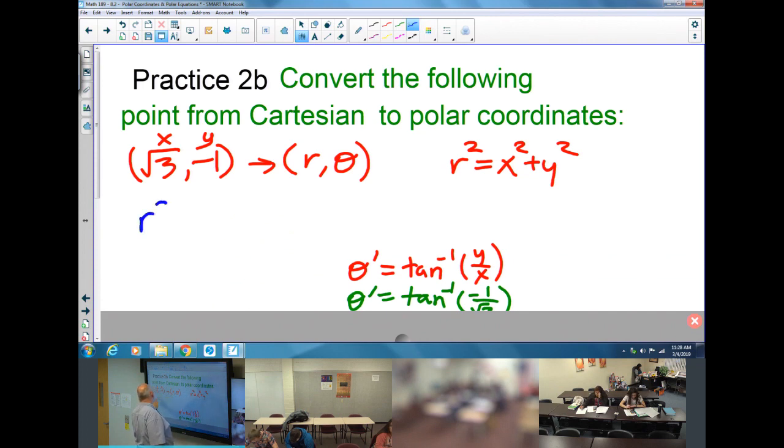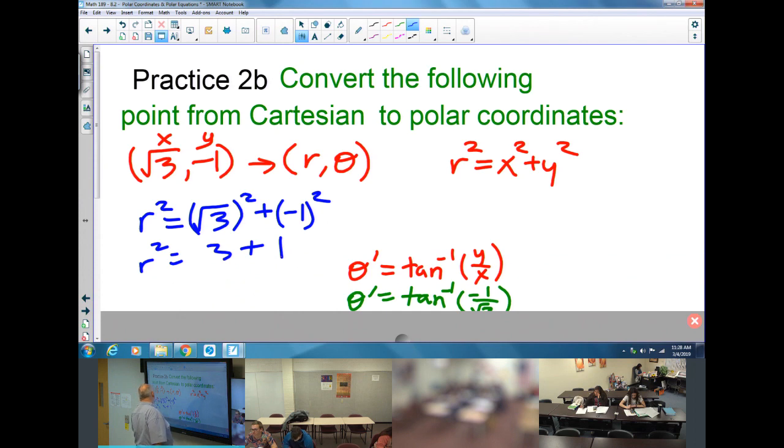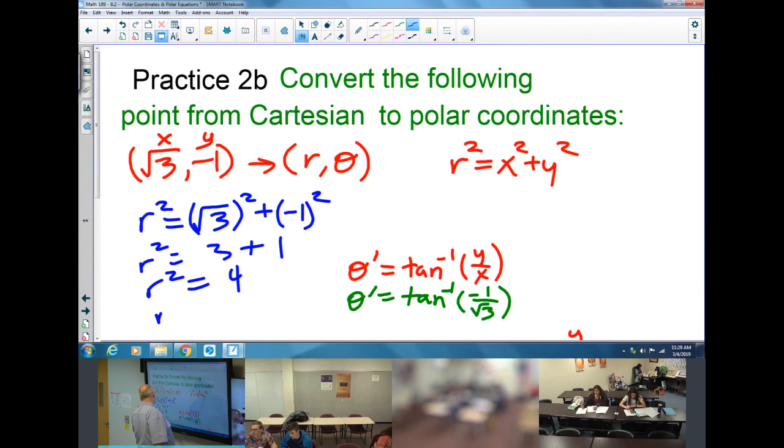So r squared equals x squared plus y squared. So it's radical 3 squared plus negative 1 squared. So r squared equals 3 plus 1. r squared equals 4. So r would be either plus or minus 2. But we'll just go ahead and use the positive value for now. But it could be positive or negative depending on which way we need to go.